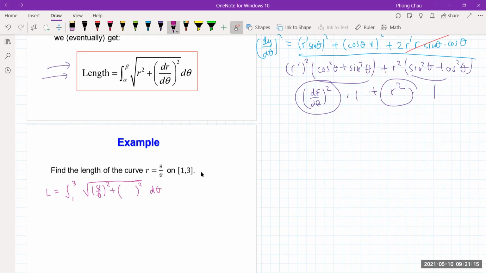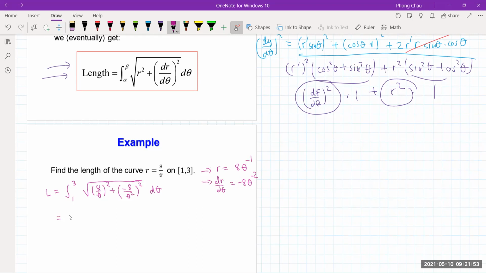So all you need to do is look at what's the derivative of r here. Well, if you rewrite that, r is 8 times theta to the negative 1 power, then the derivative of r is just negative 8 theta to the negative 2, or negative 8 over theta squared.